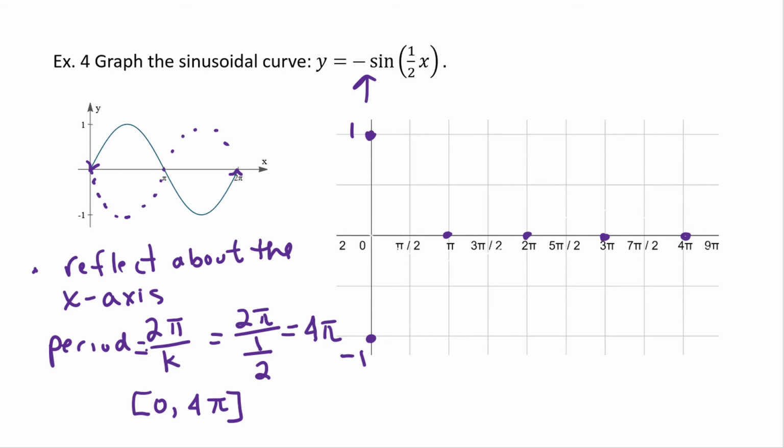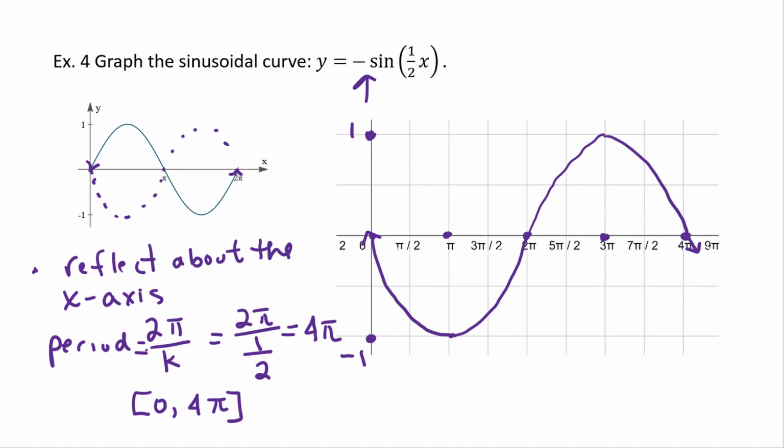So let's sketch some points. We start at 0, 0 and decrease, because remember we're flipping it about the horizontal axis. Then we go back up to 2 pi. And then we continue to increase to 3 pi and then decrease. I'm going to go ahead and draw arrows to indicate that this goes on indefinitely. I'm just drawing one period.